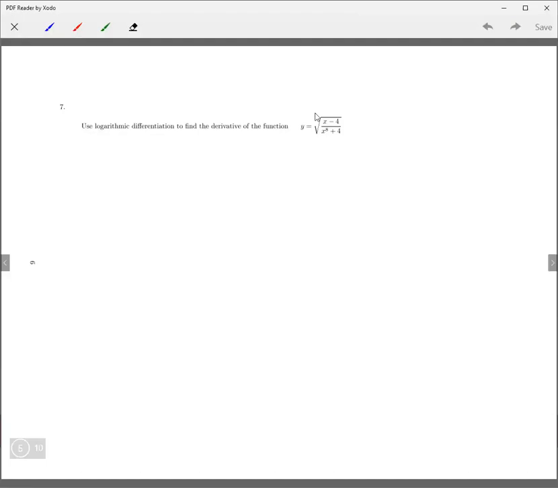And here's where we do logarithmic differentiation. With logarithmic differentiation, you recognize here that this is pretty difficult to differentiate because you have the square root and then you have a quotient. And for sure, you could do it using previous methods. But supposedly, logarithmic differentiation is going to be a little bit easier. So what you do is start by taking the natural log of both sides.